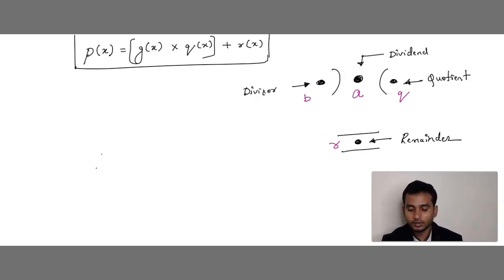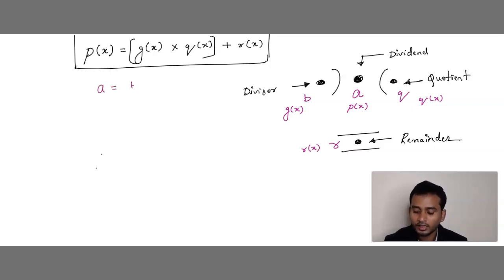Done? Good. Now, in this case, a we call p of x. This b we call g of x, this q we call q of x, and this r we call r of x. That's it. So this is also in the form of a is equal to b into q plus r. Are you getting it, children?